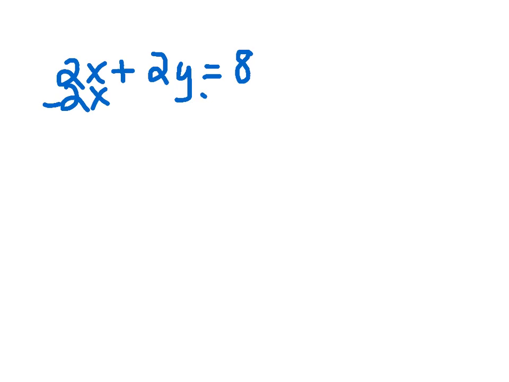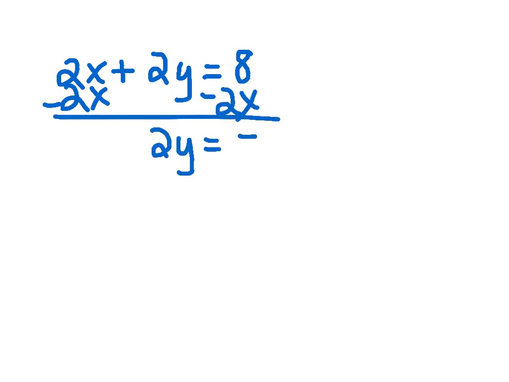If we do one more, if we say 2x plus 2y equals 8. If I first subtract 2x, I get 2y equals negative 2x plus 8.